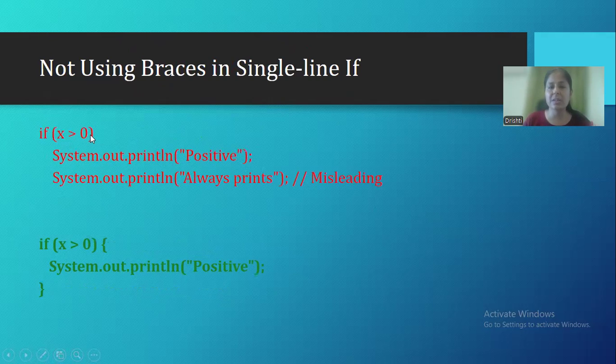If x equal to 0, now what happens since you don't have the habit, there are two System.out.println statements and there are no braces. Then the first statement might get printed, that is positive, but this is doubtful because there is no opening and closing of the if statement. So every time make it a habit, even if there is at least a single line in the if statement, go with the curly braces opening and closing. So this is the best way to follow the syntax.